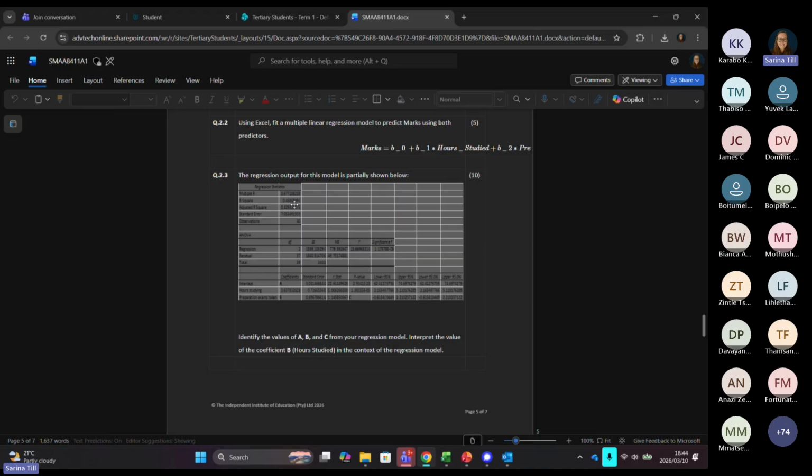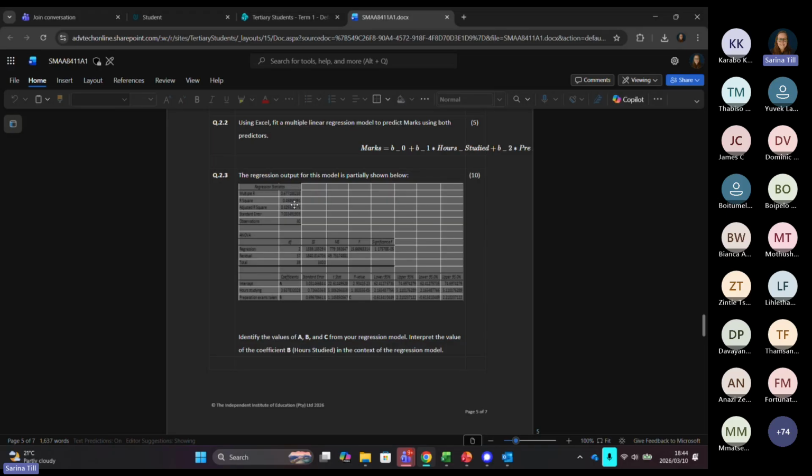If the R squared is at 90%, we can say our model can explain 90% of the variance in marks based on hours studied and past exam papers done. So if you tell us how many hours you have studied and how many past papers you have done, we can predict your mark in 93% of cases.